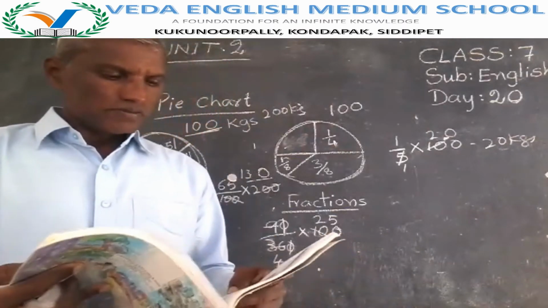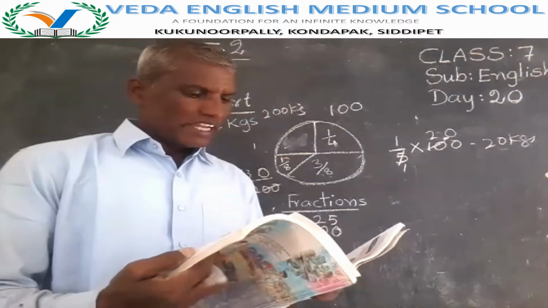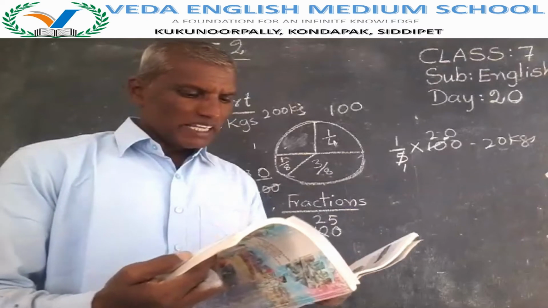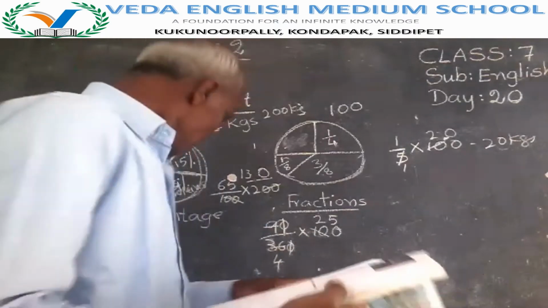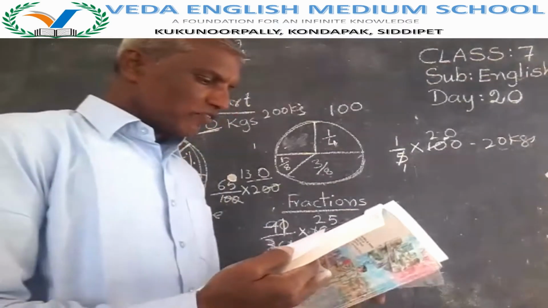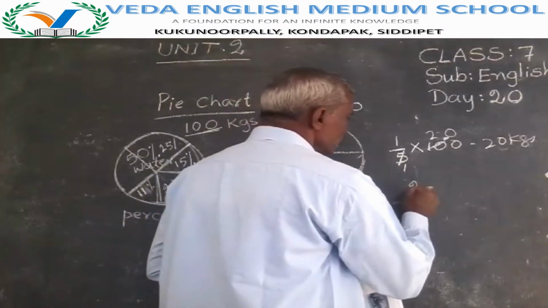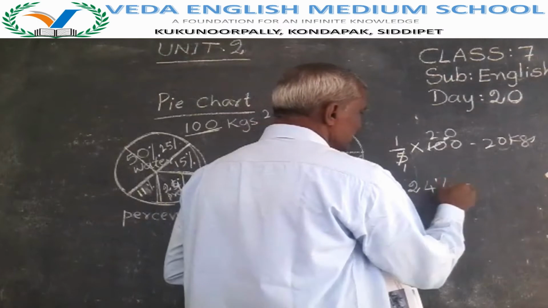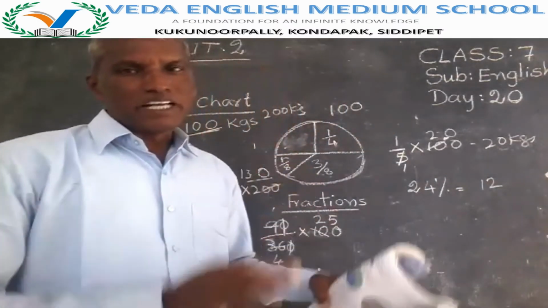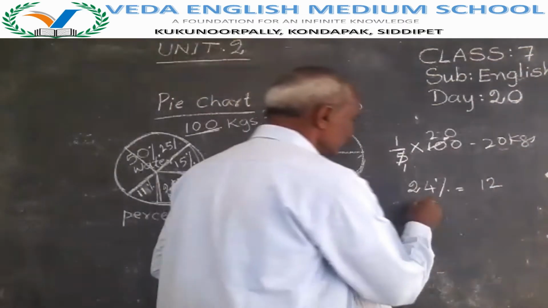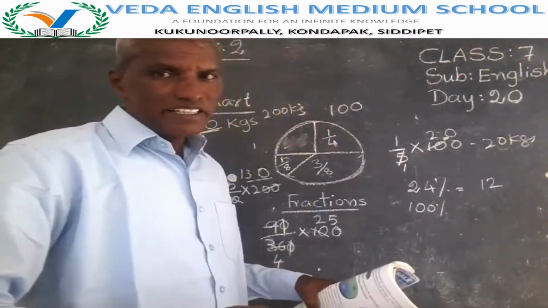Now the fourth one: if the proteins in a person weigh 12 grams, what will be his weight? Now proteins are how much percentage? 24. So 24% is equal to 12. Completely, the body's percentage is how much? 100. The body's weight is 100%. So how do we find the actual weight?